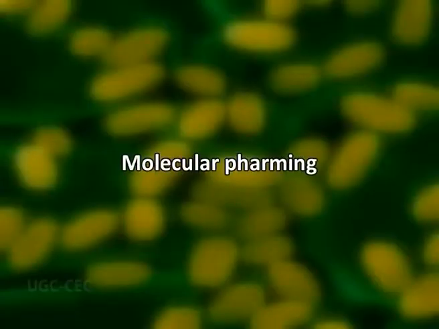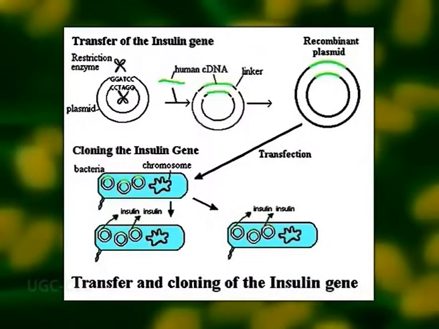An important aspect which revolutionized many fields of science is molecular farming, or commercial production of hormones or gene products. Bacteria are used for the commercial production of insulin and other gene products. The human insulin gene is inserted in the bacterial plasmid or genome, which on expression results in the biosynthesis of insulin, which is then regularly harvested from the culture.